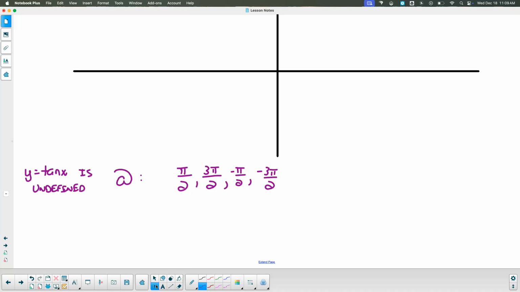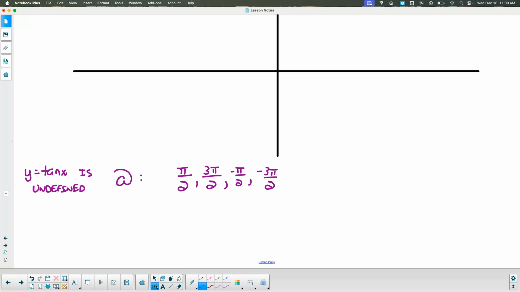Okay? So if a function can't exist at those spots, what do we put on our graph in its place? It's undefined at those 4 angles. So what would those be on our graph? What do we call those?